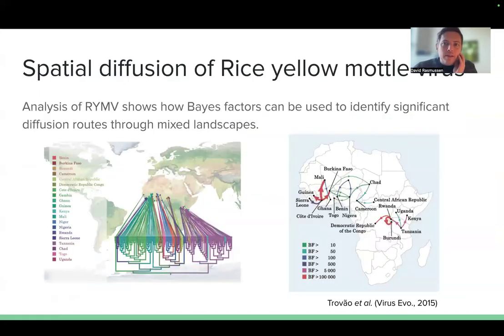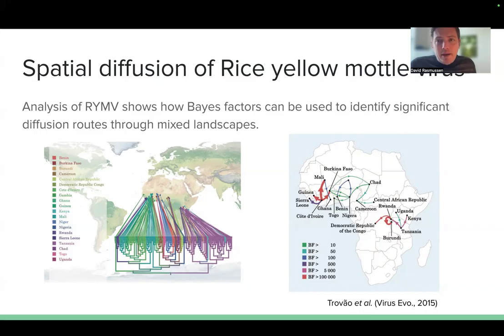One really nice example of people applying these phylogeographic methods to plant pathogens to see what's driving their spatial spread was this nice paper by Trovão et al. from about 10 years ago, where they wanted to understand how rice yellow mottle virus was moving throughout Africa.